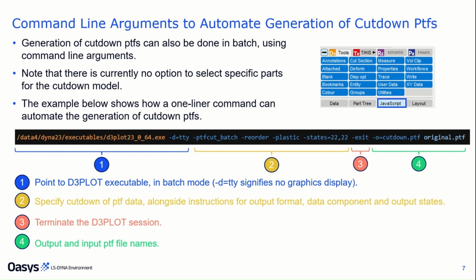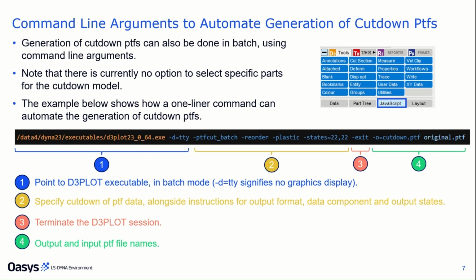The second way we can automate the generation of cutdown PTFs is by using the command line to run D3plot in batch mode. This means the compress process can be conducted directly from the command prompt without requiring the model to be manually opened up. It is worth noting that by using this approach, users are not able to specify only a specific number of parts to be included in the cutdown model.